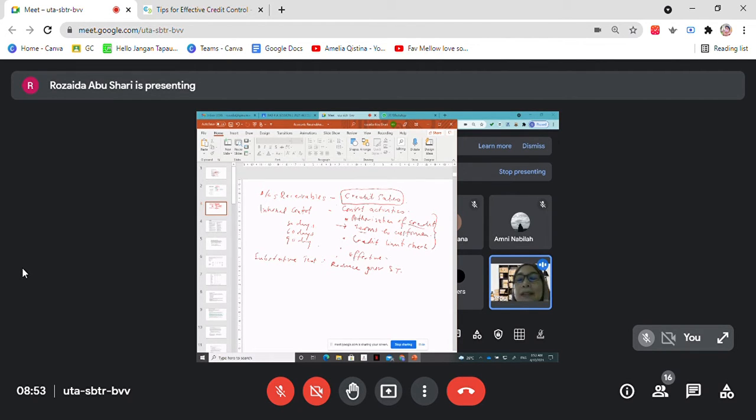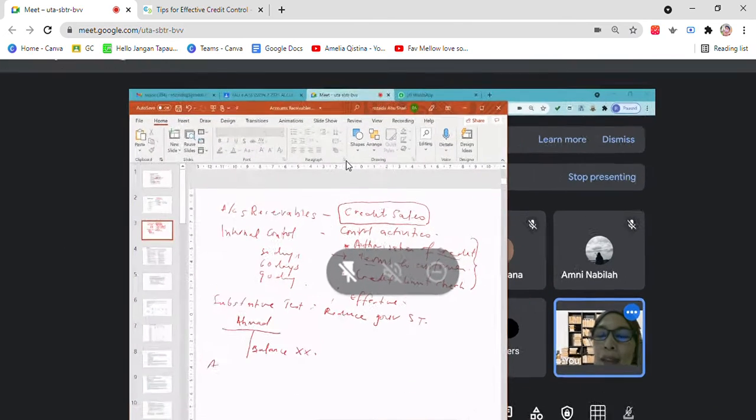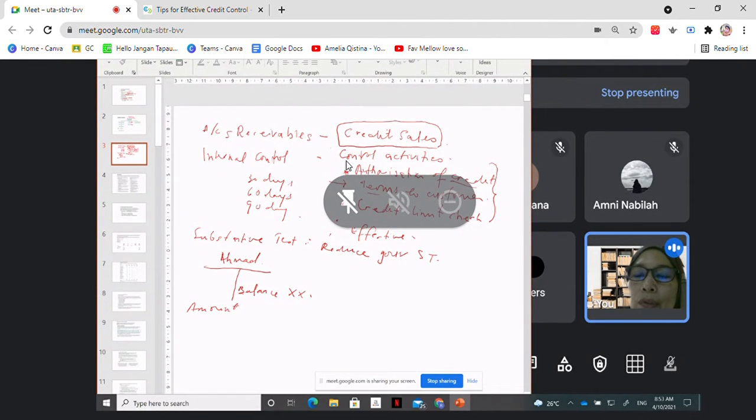The thing that you have to focus on in the account receivable is the amount due, the balance due. If we are talking about an individual account receivable, let's say Ahmad, what balance do they have here? You will look at the individual amount due to the company, or amount owed to the company.